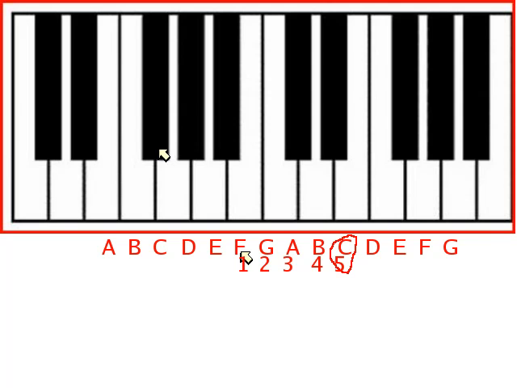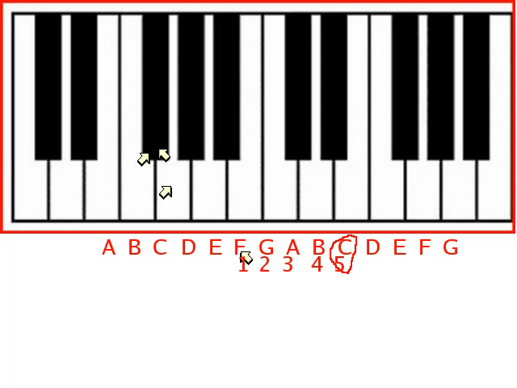Okay, so I said I want it to be a perfect fifth. I go to page 129, I look up perfect fifth. There it is, over on the left side. A perfect fifth has 7 half steps. I am starting right here on F sharp.